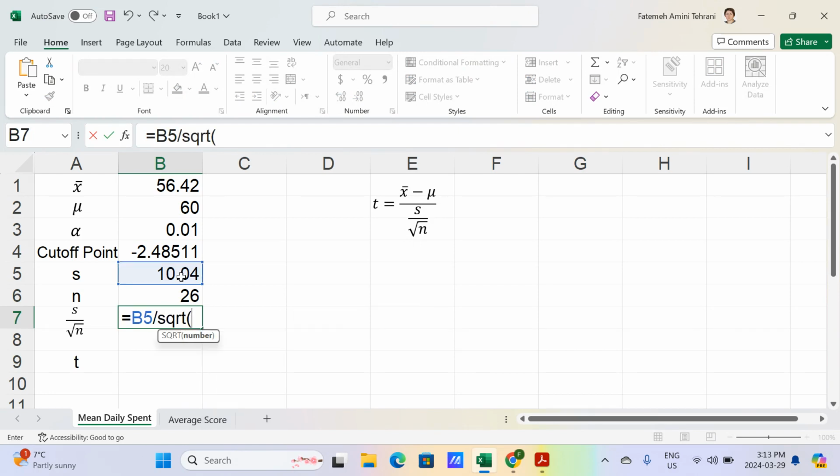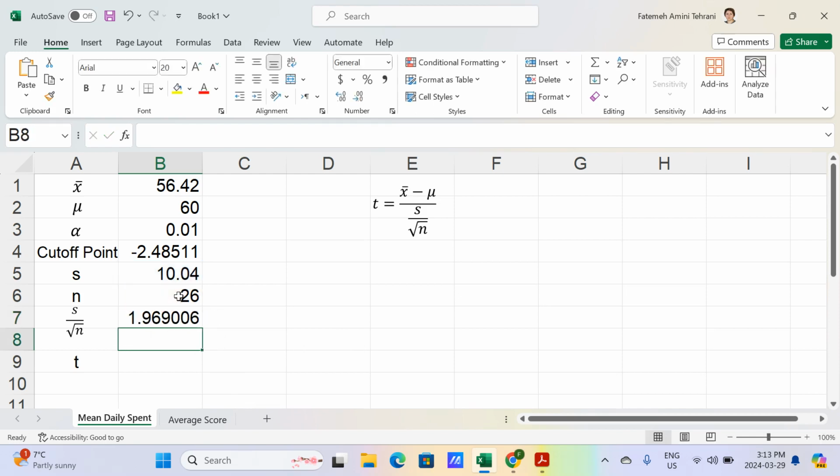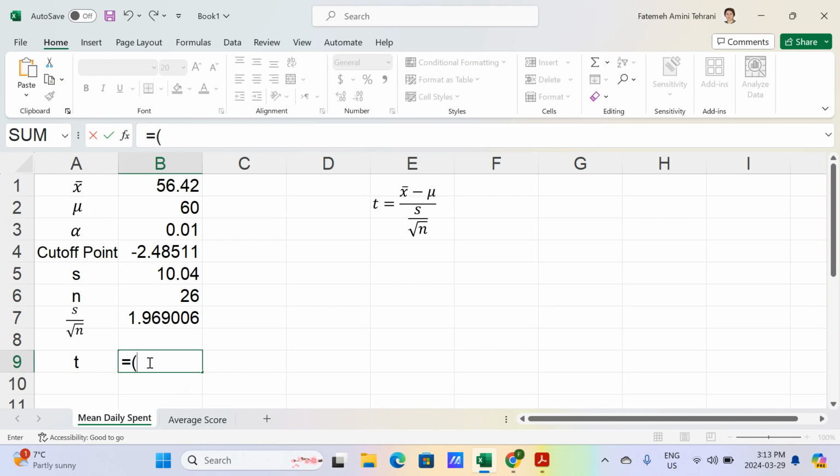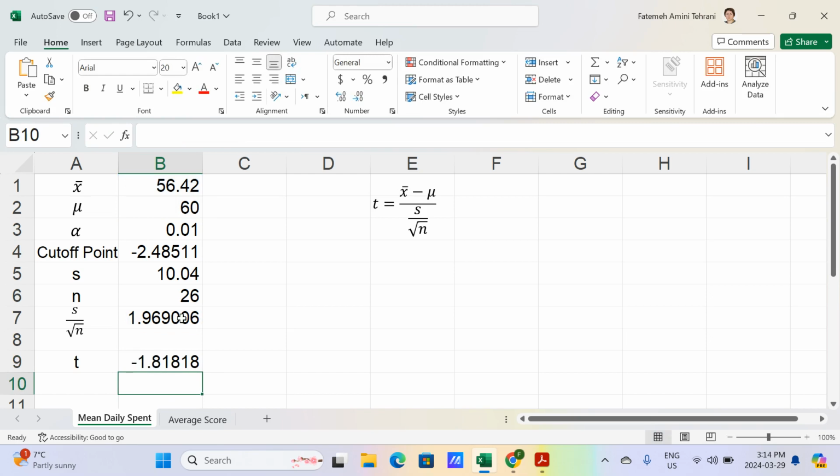How much is n? 26, the sample size. Now it's time to find the t-value of x bar. X bar is 56.42 minus mu, 60, divided by this number, s over square root of n. It's the t-value of x bar. Look, the t-value is minus 1.81. Rounded to 3 decimals, minus 1.818.